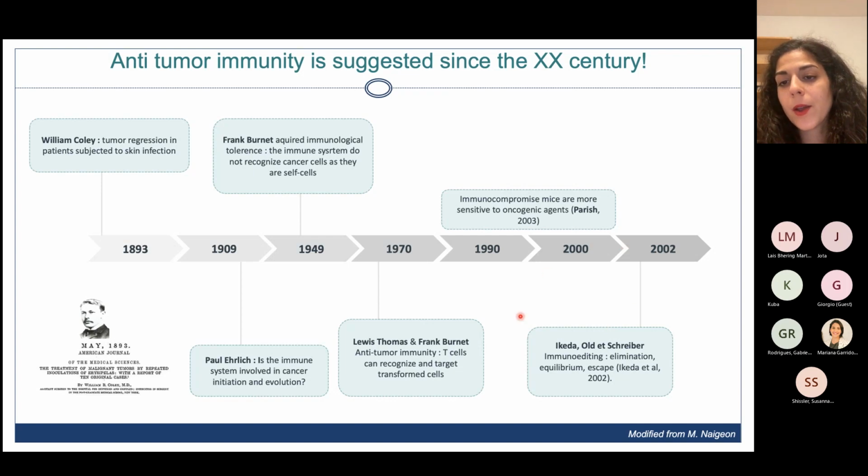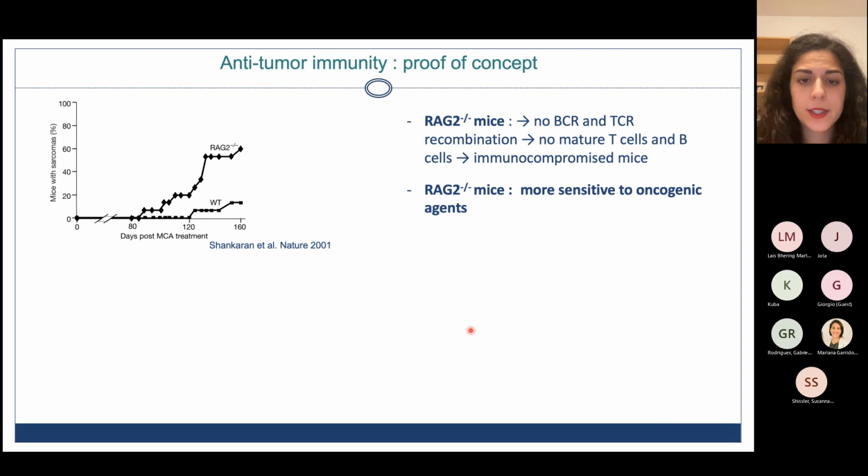And the real proof of concept came more than 100 years after, with the work of Schreiber, which shows the proof of concept of anti-tumor immunity. So what did they do? This team showed that if you treat mice with MCA, which is a highly oncogenic compound, here you can see the incidence of sarcoma through time.